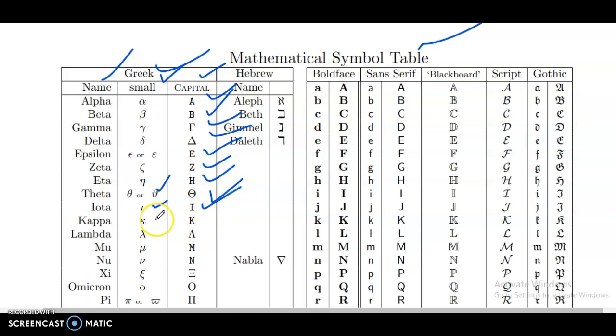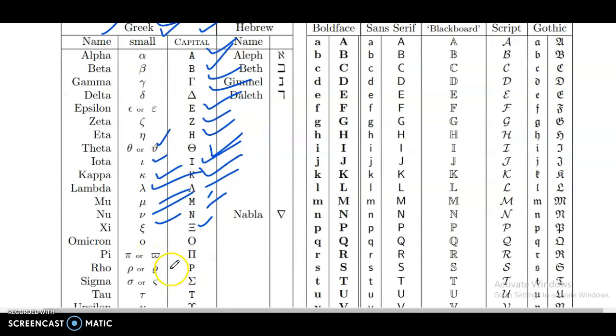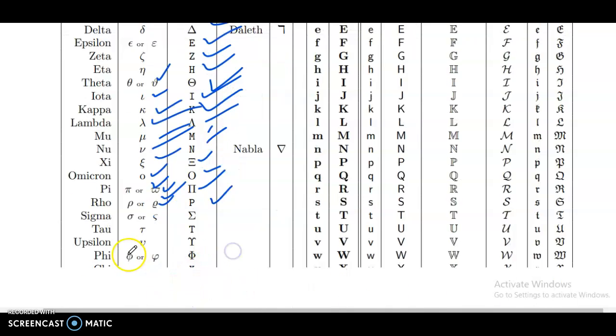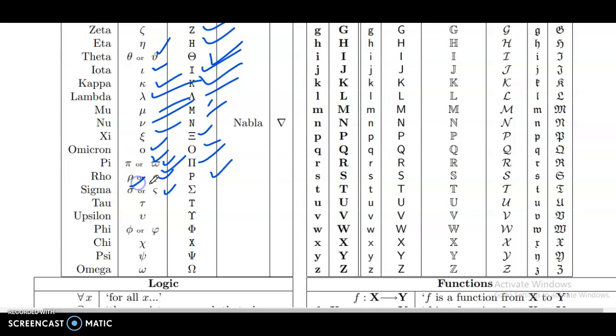Iota, kappa, lambda, mu, nu, xi, omicron, pi, which is also written like this, rho, sigma, tau.